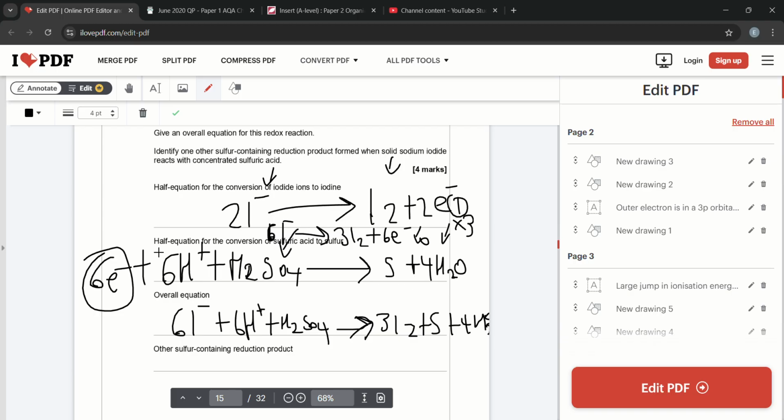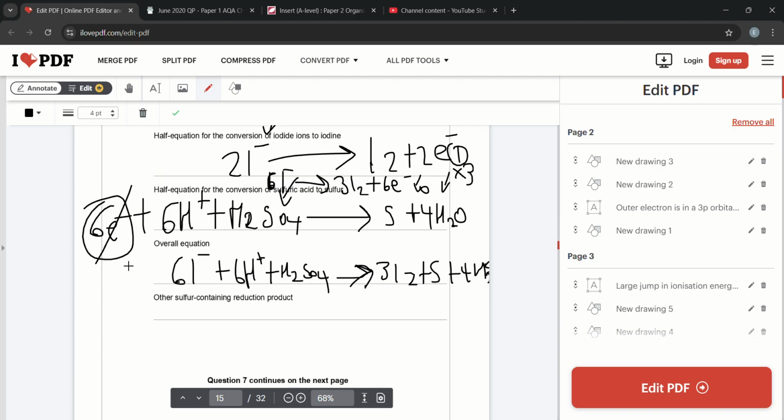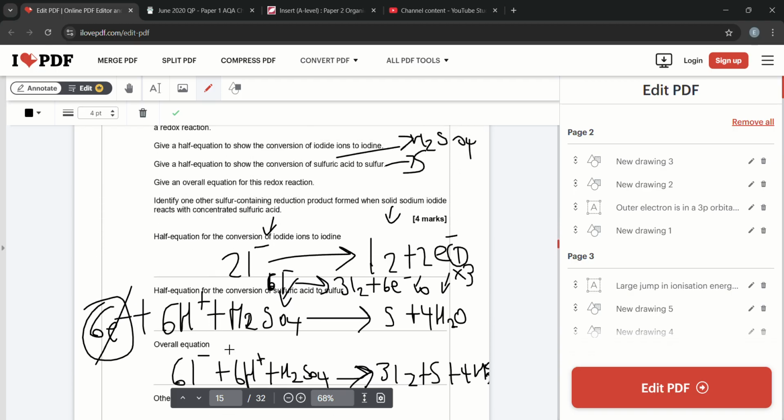That's the whole point of timesing this equation by 3: there are 6 electrons on the left hand side of the second equation and 6 electrons on the right hand side of the first equation, and therefore they cancel out.